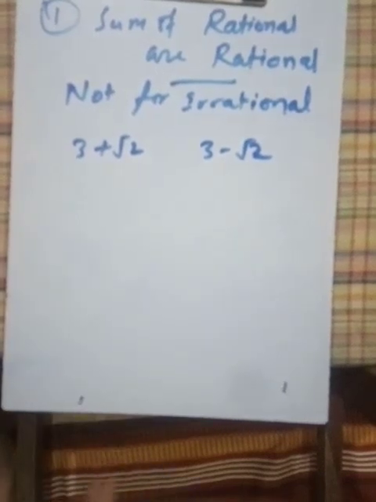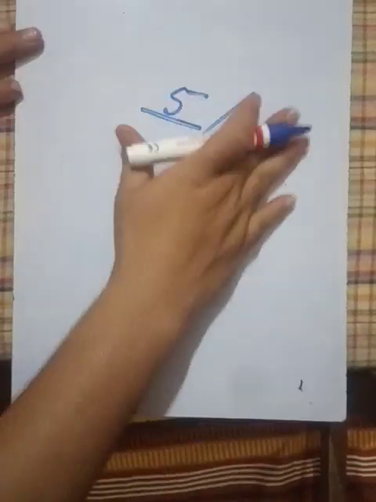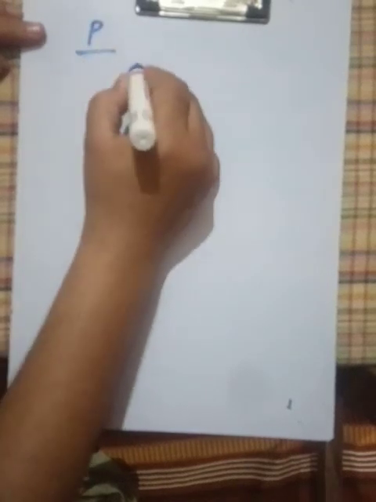Now we go further for proving whether some number is rational or irrational with the help of a theory called the contradiction method. So now we go for the contradiction method, proving whether a number is rational or irrational, whatever is given in the command. So first I take what number. Suppose that number is p, and this number is a prime number.